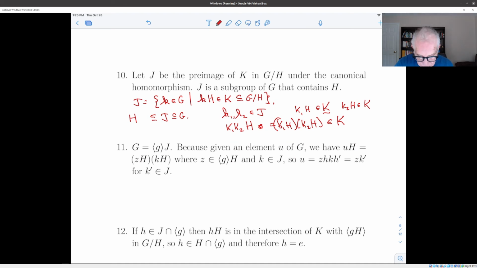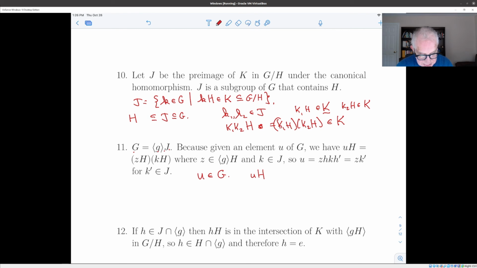The next thing we know is that every element of G can be written as a product of a power of g times an element of J. So why is that true? Suppose we have an element u in G, an arbitrary element, and we look at its image under the canonical homomorphism.